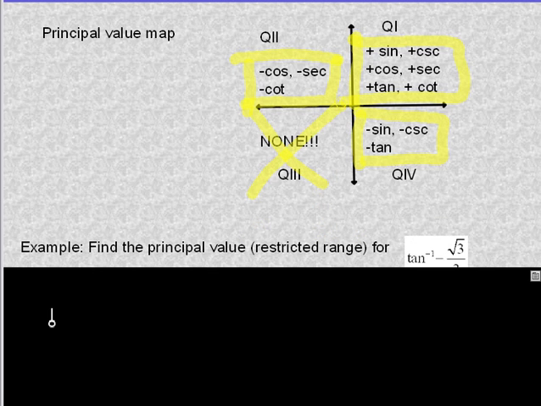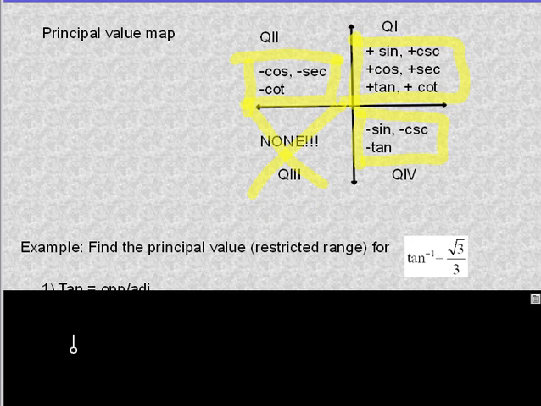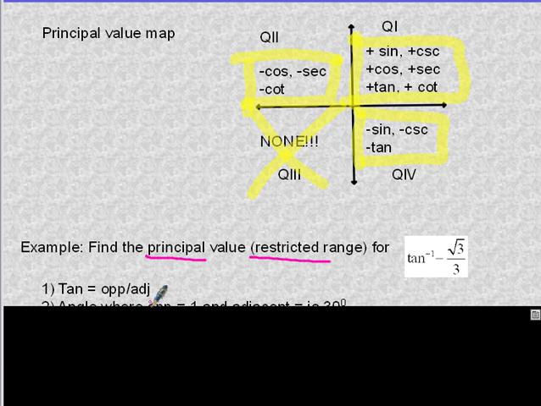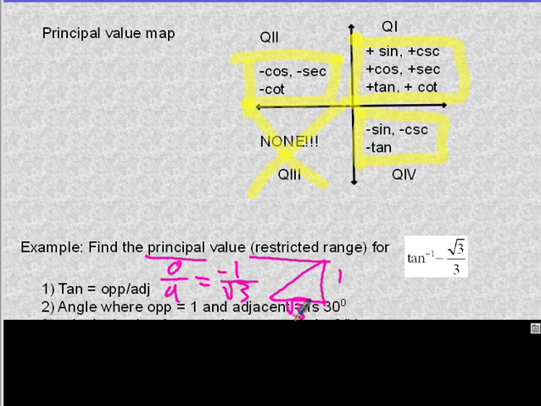All right, find the principal value or restricted range. I'm not sure, the terminology changed a little bit, so it may be worded this way or that way. Inverse tangent of negative square root of 3 over 3. All right, so tangent is opposite over adjacent. Remember, this is one that we have to derationalize, so the original is going to be negative 1 over square root of 3. If we draw this, opposite is 1, adjacent square root of 3, that gives me a 30-degree reference angle.